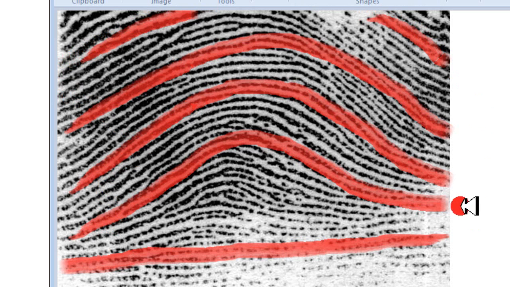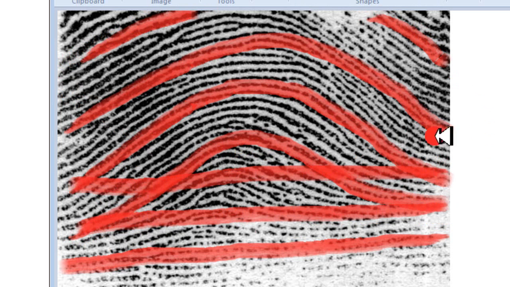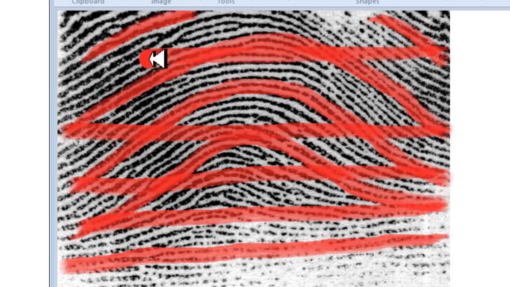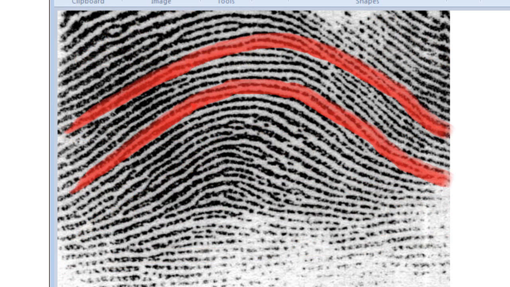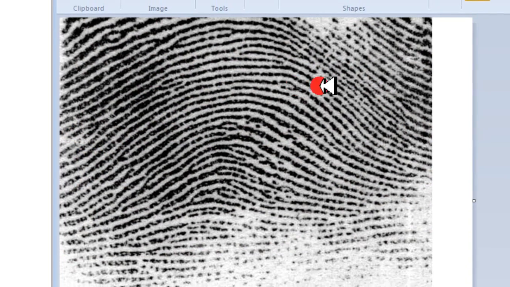And very important to recognize is how the ridges start on one side and pretty much end on the other side in a straight line. And so I can draw lines across, and this illustrates very well how the plain arch ridges travel.